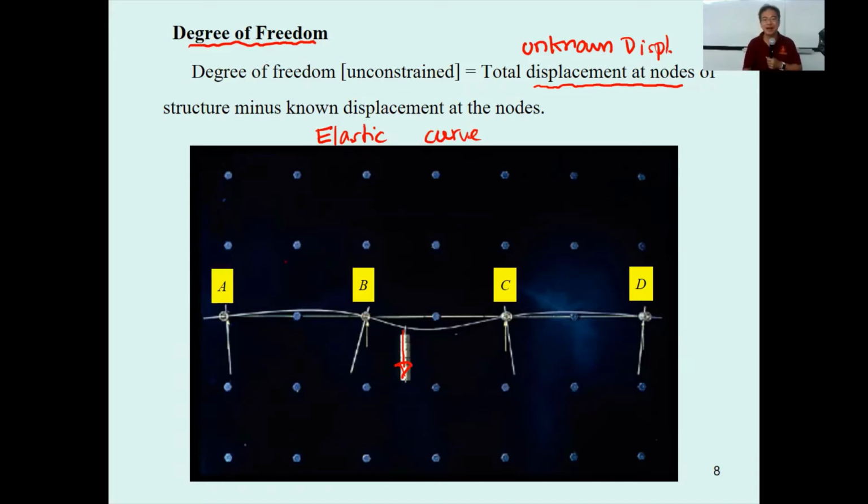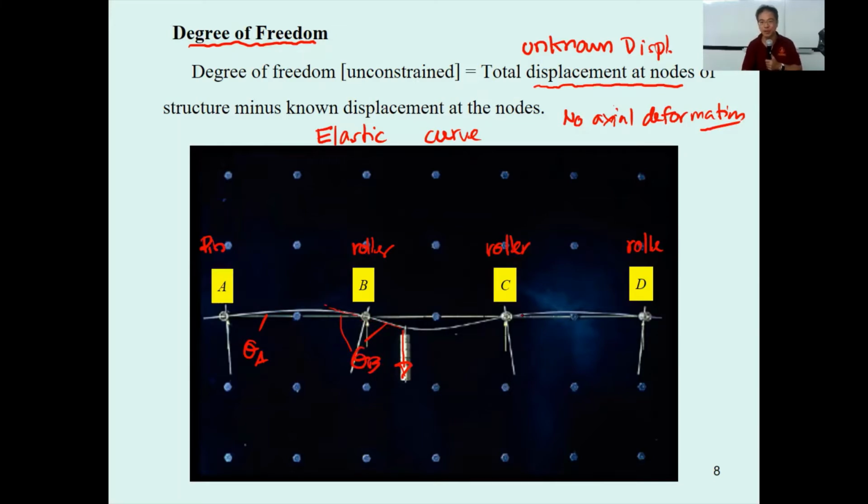Even though all of these are pins, or you may set this as a pin and roller, when we analyze the beam we said no axial deformation. Under this consideration, what we have over here is theta A. On the left hand side and on the right hand side, they are going to be equal theta B because the connection is rigid.